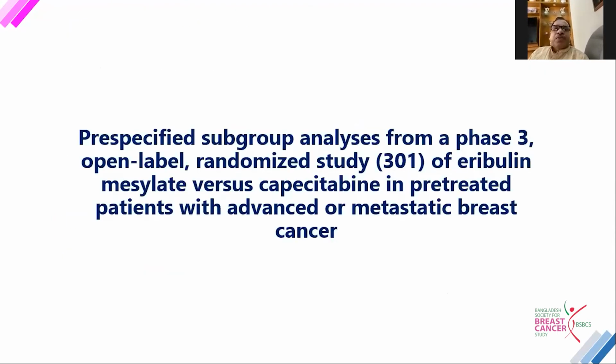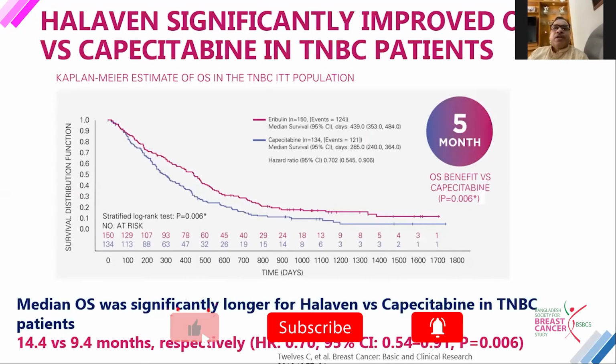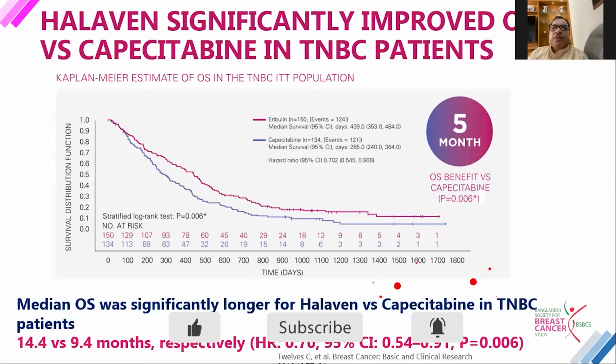So in this pre-specified subgroup analysis from a phase 3 open-label randomized study, Study 301, of eribulin mesylate versus capecitabine in pretreated patients with advanced metastatic breast cancers, Halaven significantly improved the overall survival versus capecitabine in the triple-negative breast cancers by more than 5 months.